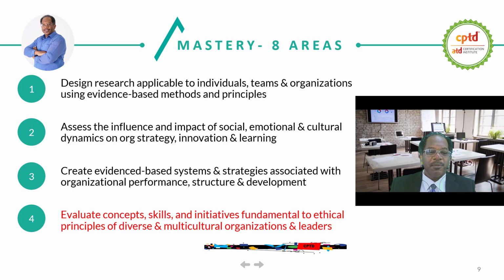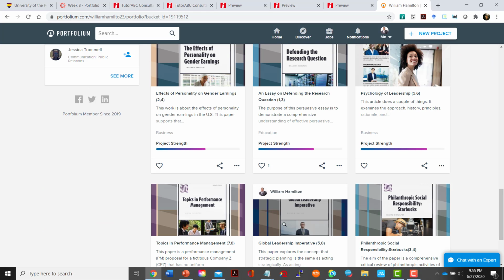Program learning outcome number 4, evaluate concepts, skills, and initiatives fundamental to ethical principles and diverse and multicultural organizations and leaders. Again, I have about 3 projects here. It talks about ethics and values and moral leadership, CO2 prediction, the effects of gender earnings, and philanthropic social responsibility.